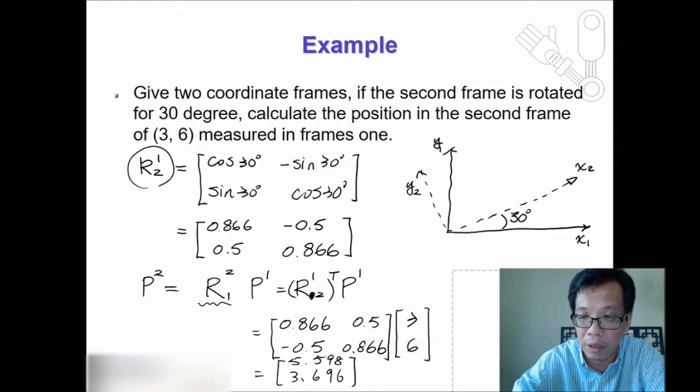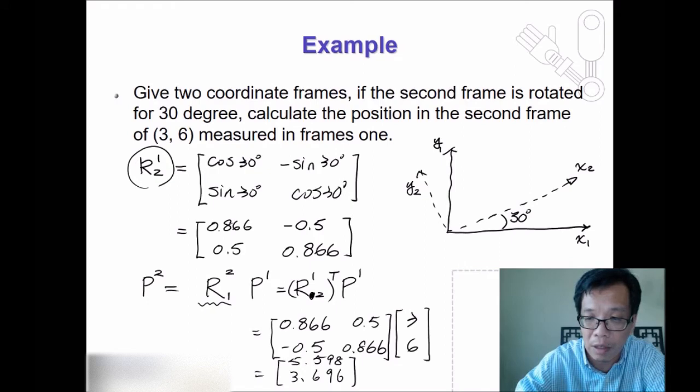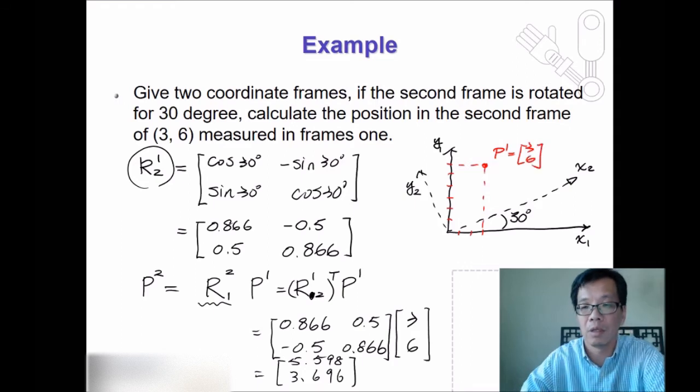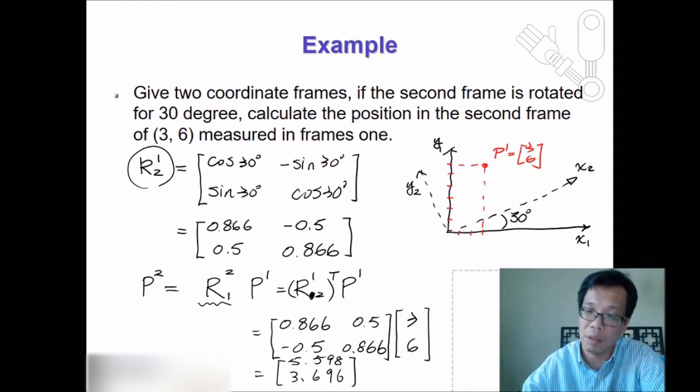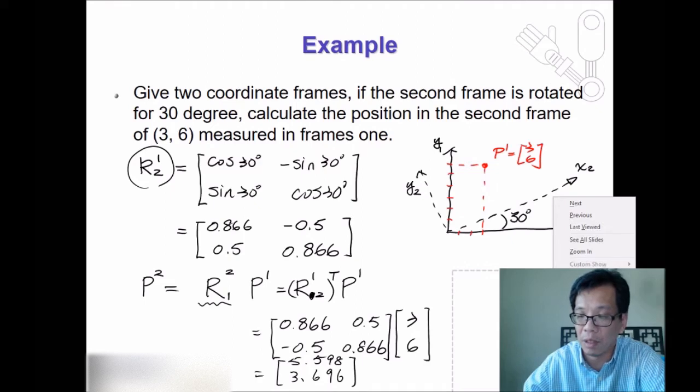So I want to plot 3 and 6. 1, 2, 3. 1, 2, 3, 4, 5, 6. So this one is P1, (3, 6).